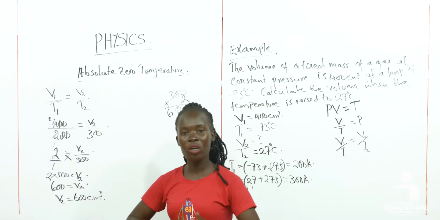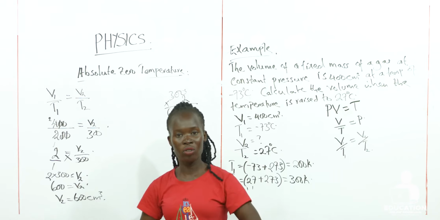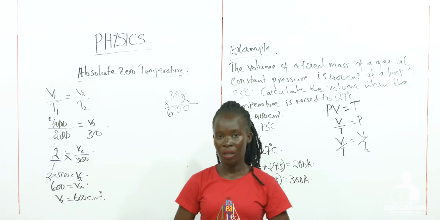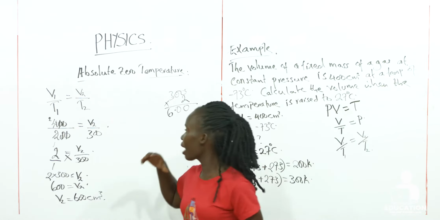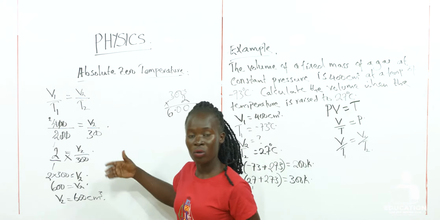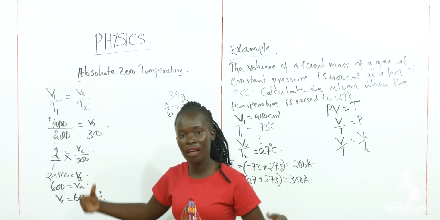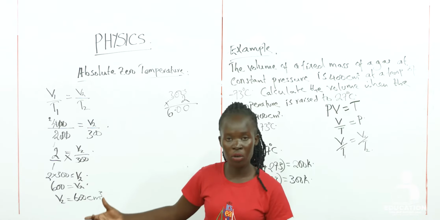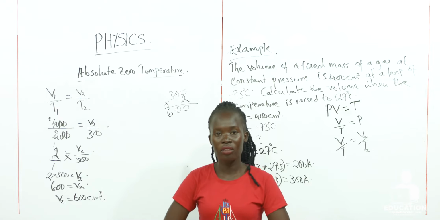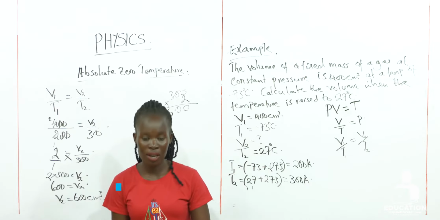So every time you reduce the temperature, you'll be reducing also the volume. So that is the logic behind Charles law. With Charles law, remember to always convert your Celsius degree to Kelvin using the absolute zero temperature. So with this, we come to the end of our lesson.